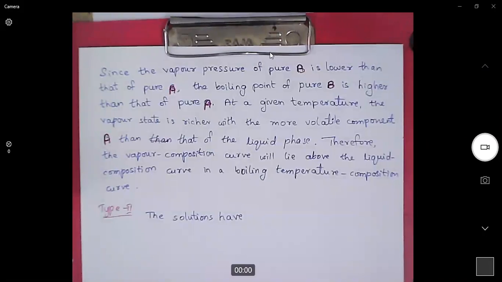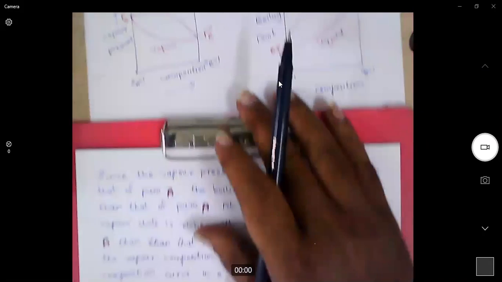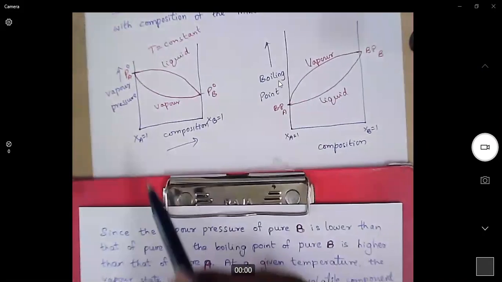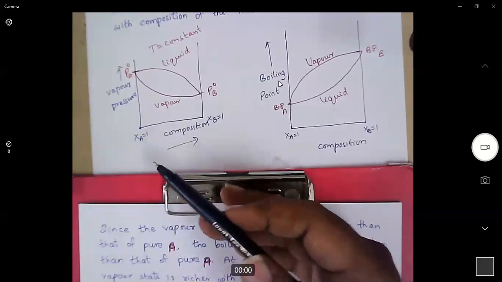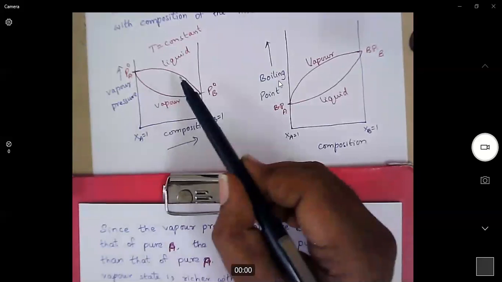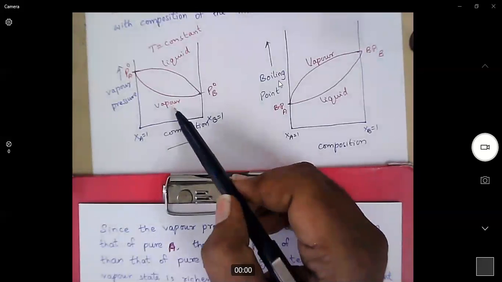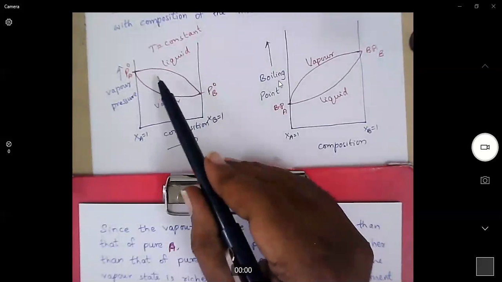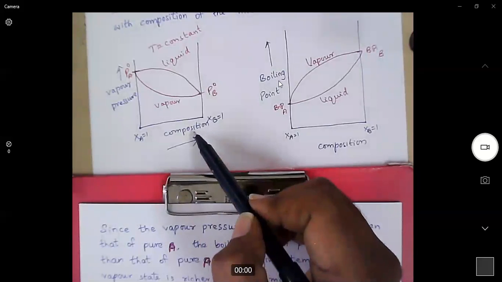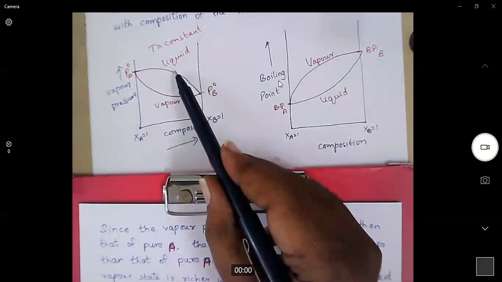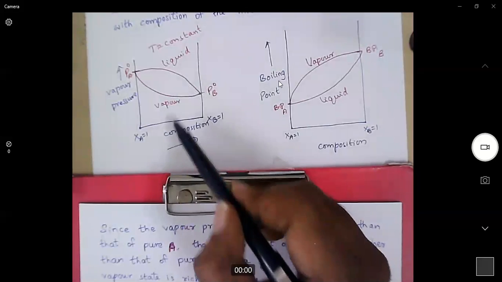In the vapor pressure composition graph, the quantity of liquid is high and the quantity of vapor is low. So that is why the liquid composition curve will be upper and the vapor composition curve will be lower.